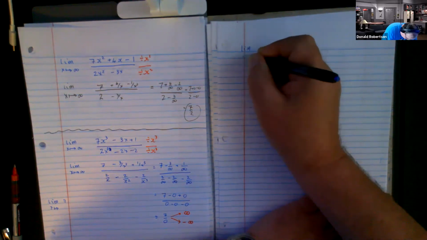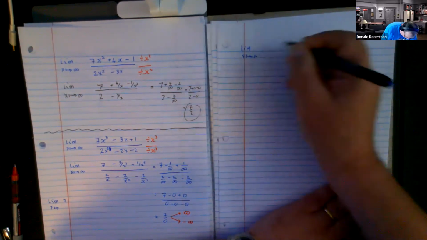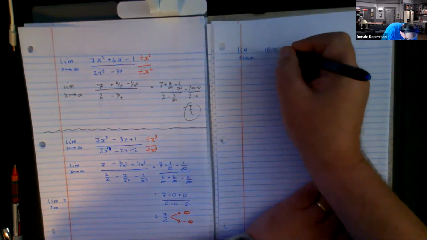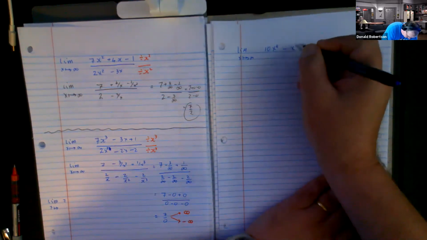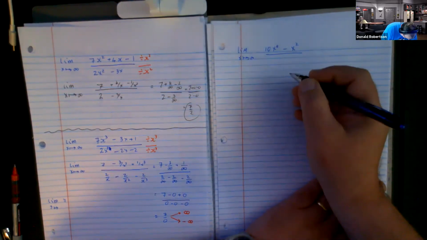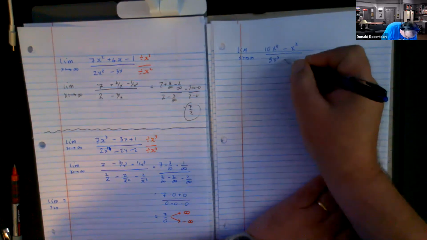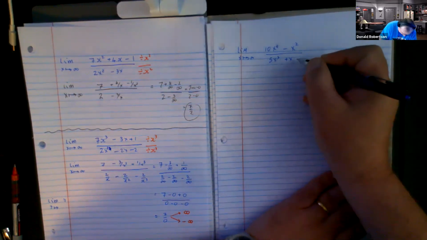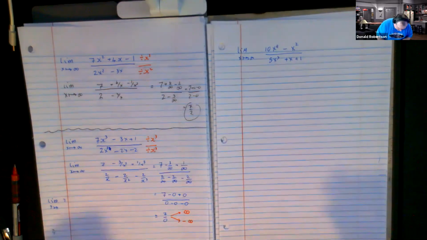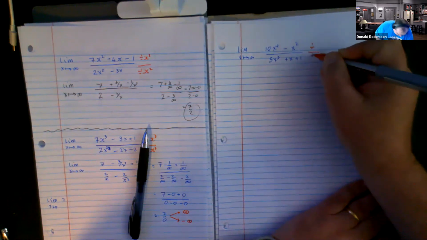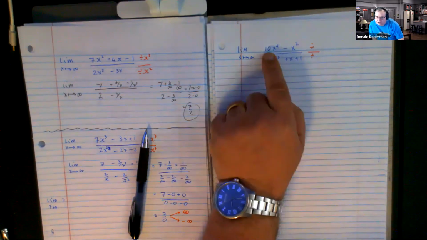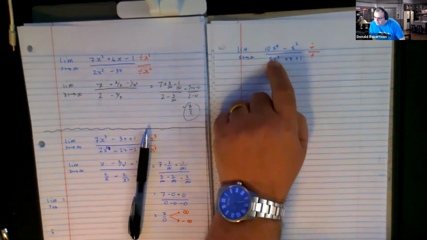Let's do the limit as x tends to infinity of 10x to the 4 take away an x squared over 5x cubed plus x plus 1. Right, the largest power of x in this case is x to the 4, agreed?